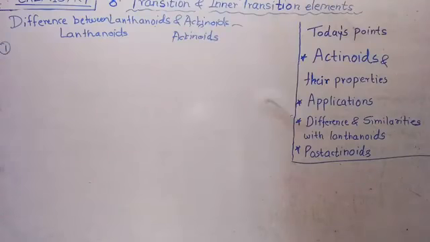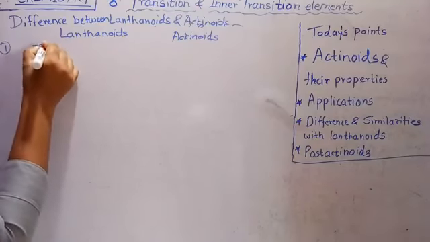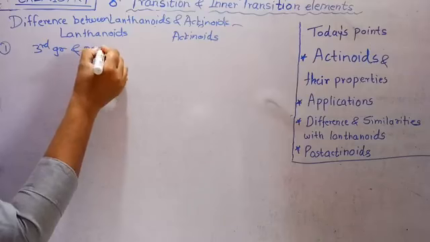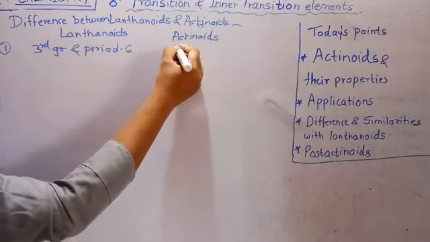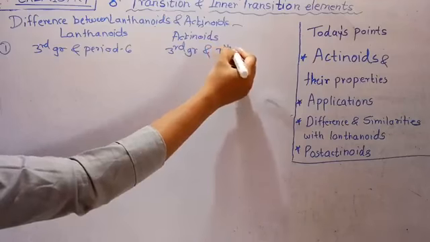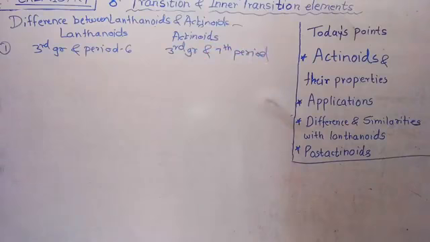The first difference is the position of lanthanoids and the position of actinoids. The position of lanthanoids is 3rd group and period 6, and actinoids 3rd group and 7th period, after the actinoid.